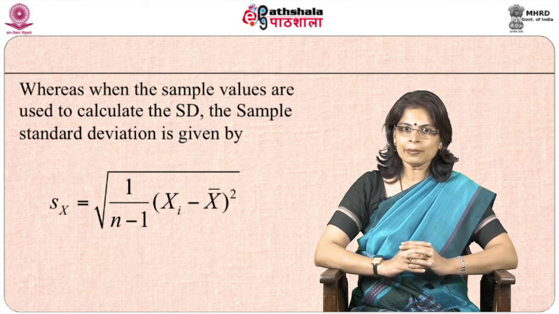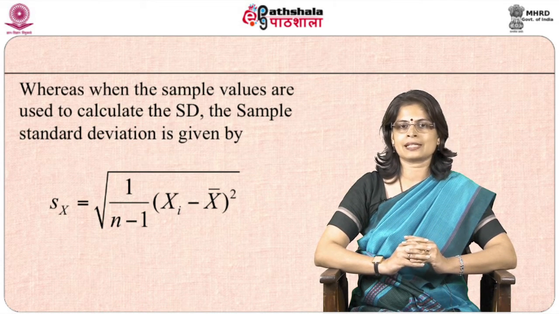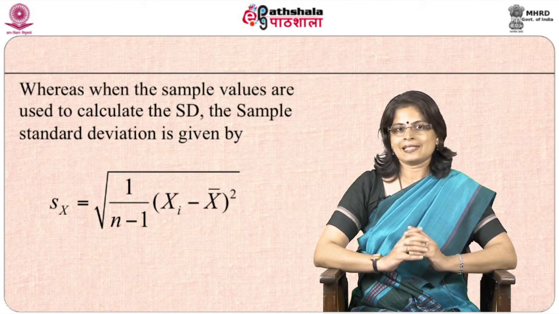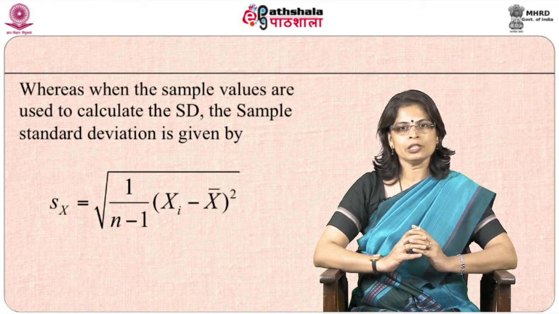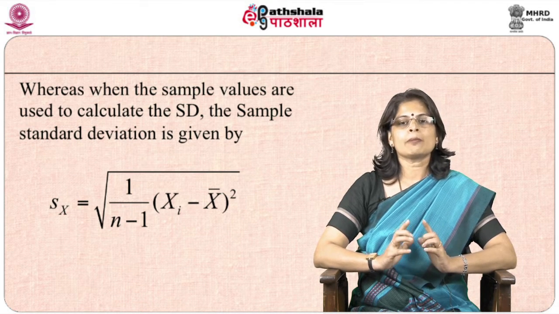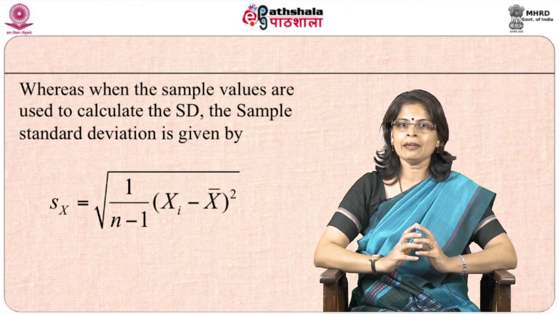When we come to the sample standard deviation, the sample values are used to calculate the standard deviation instead of the population values. The sample standard deviation is usually denoted by Sx and is given as under root summation xi minus x bar bracket square divided by n minus 1.